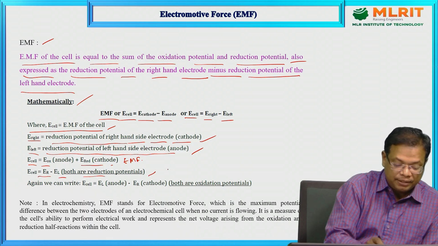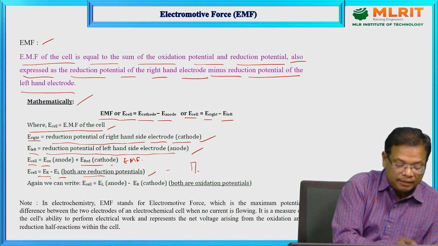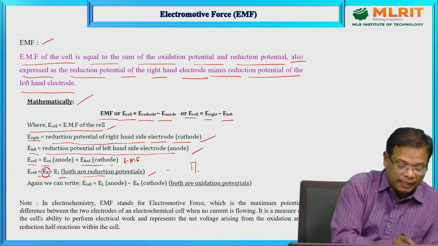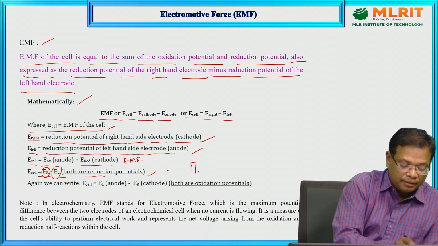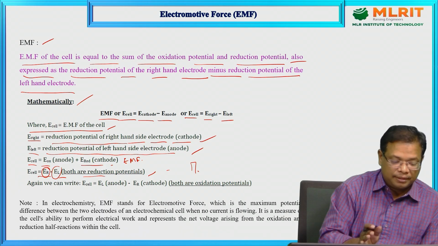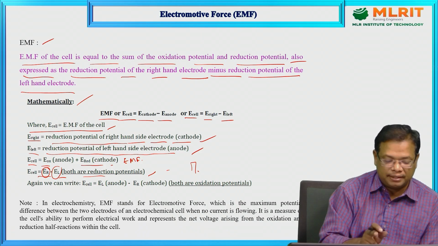So it implies that we are considering one electrode at a time, talking about electrode reduction and electrode oxidation, left side and right side. How much is its potentiality in only one term, oxidation or reduction? Then we calculate this difference.